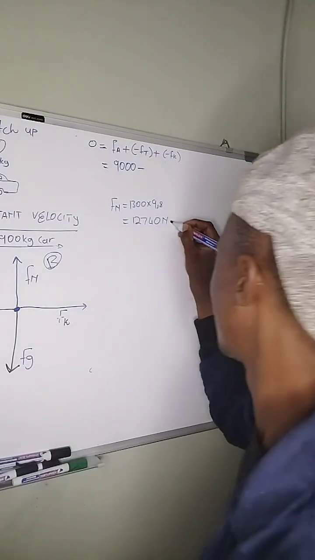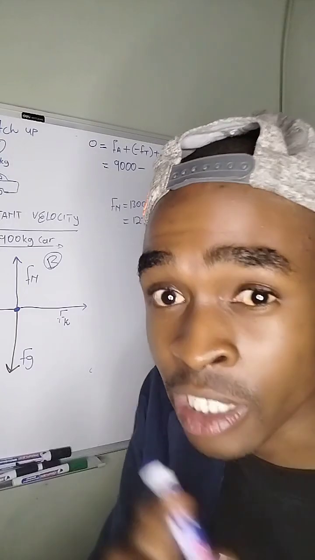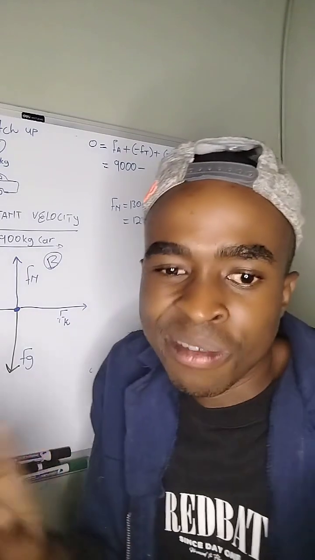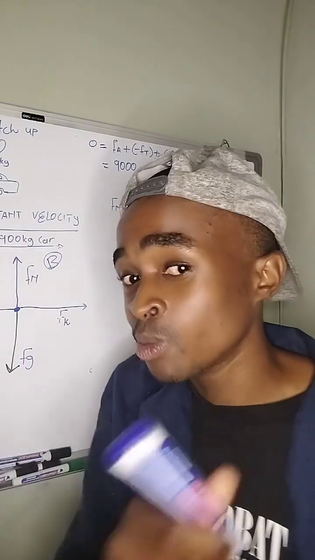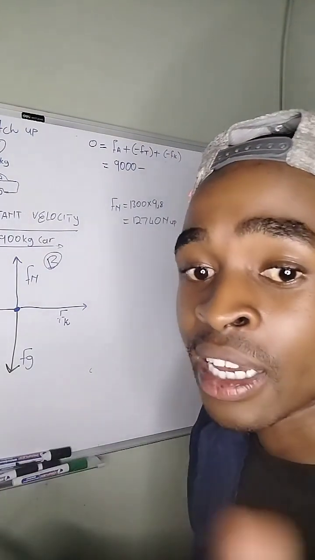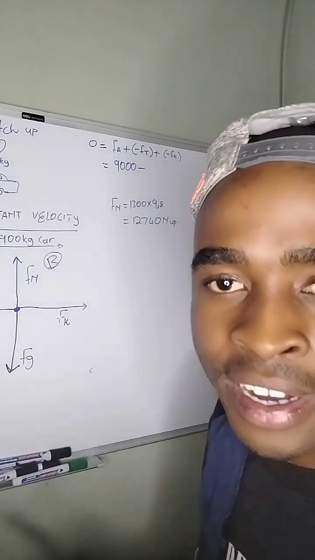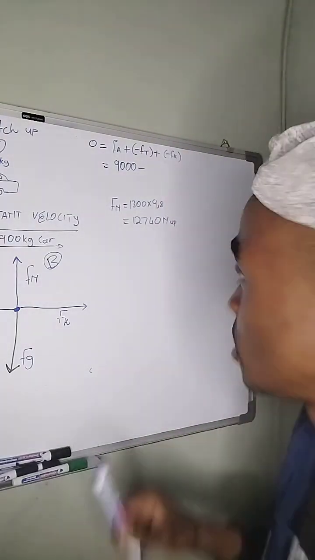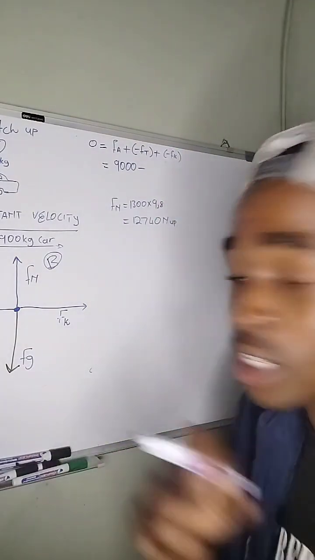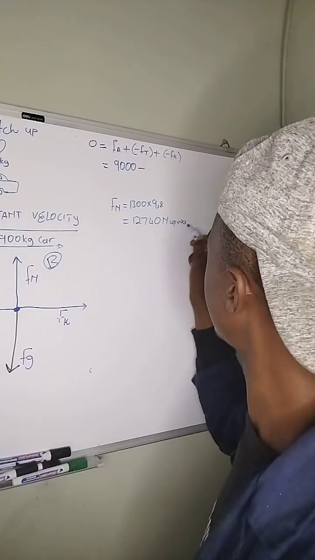Since it is a vector quantity, it has to be upwards, but that's not the main thing I'm looking for, because most teachers focus on the direction of the final answer. For the sake of knowledge, it is going to be upwards. So this is going to be newtons upwards.